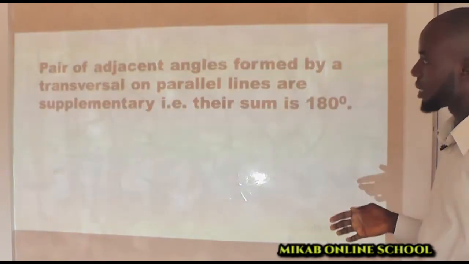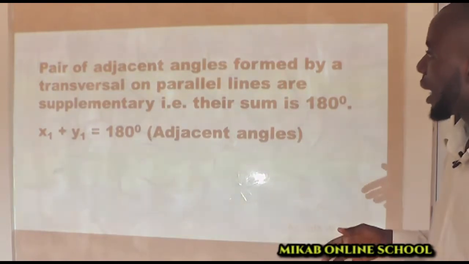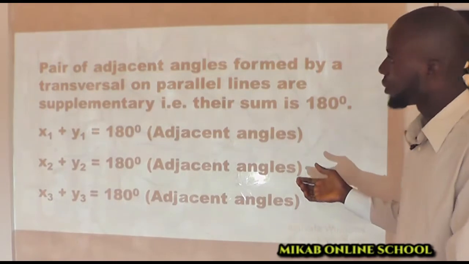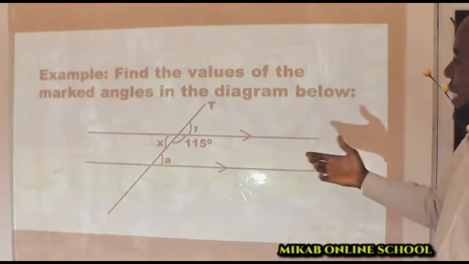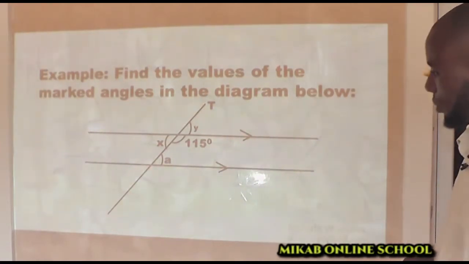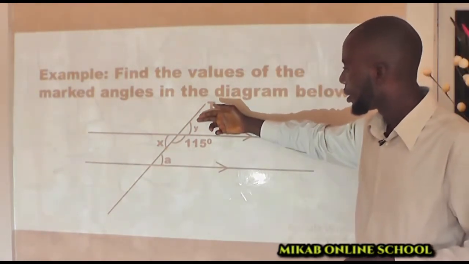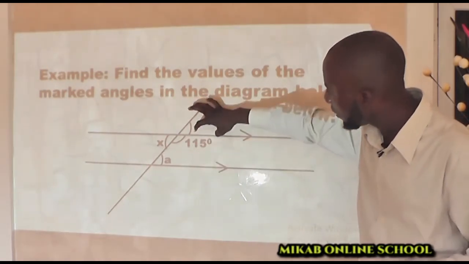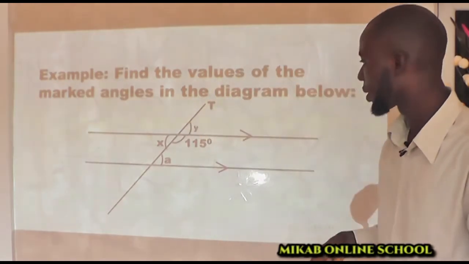We shall look at the next example. Find the values of the marked angles in the diagram below. We said the adjacent angles have their summation to be 180 degrees.